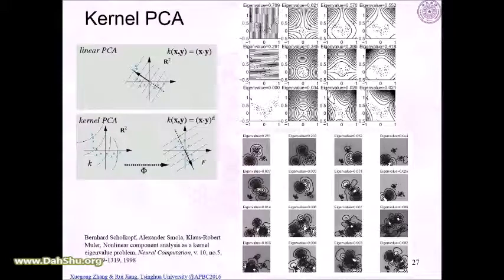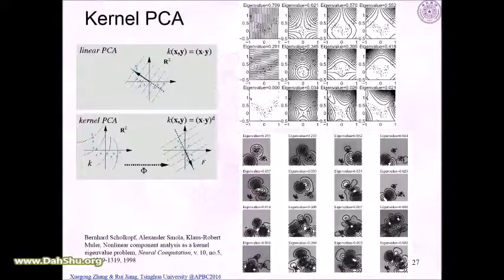But if we use a nonlinear kernel, this is the quadratic kernel, we can get this kind of binary direction. The second principal component is this direction, and the third is somehow like this. And this is the third order polynomial, and this is fourth order. And this is using the Gaussian kernel.